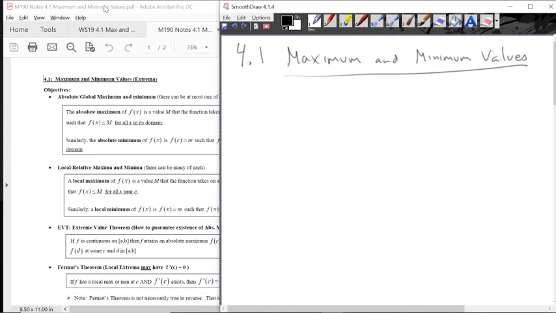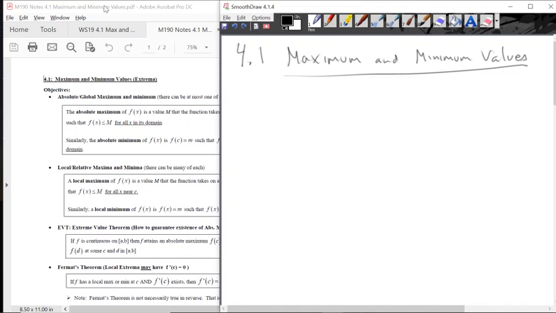But the value of the maximum or the value of the minimum, if it exists, would be an output, a y value. So for instance, if we're analyzing a revenue function for a business application or finance application, okay, if the revenue is expressed with respect to the number of units that are sold, let's say, if the input is the number of units that are sold, and the output is the revenue, if we were trying to find the maximum, we would be trying to find what is the maximum revenue.